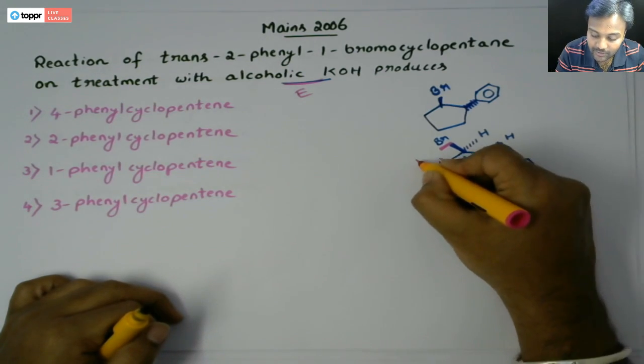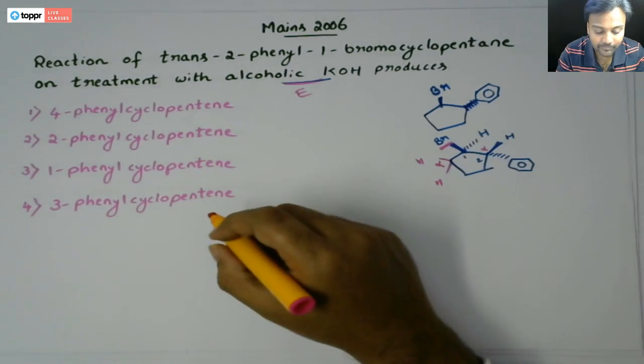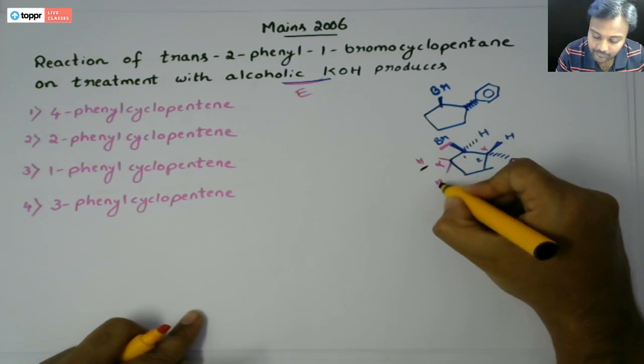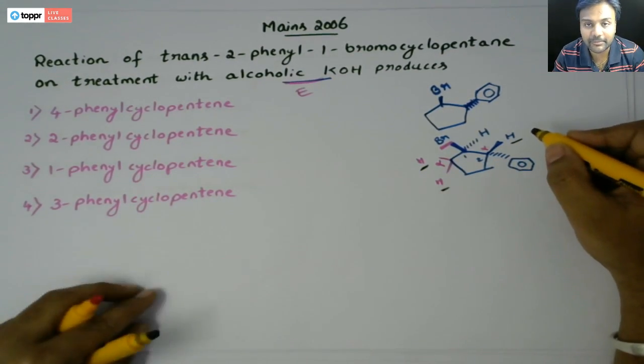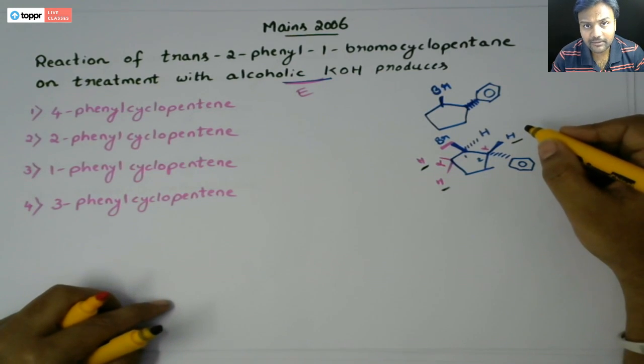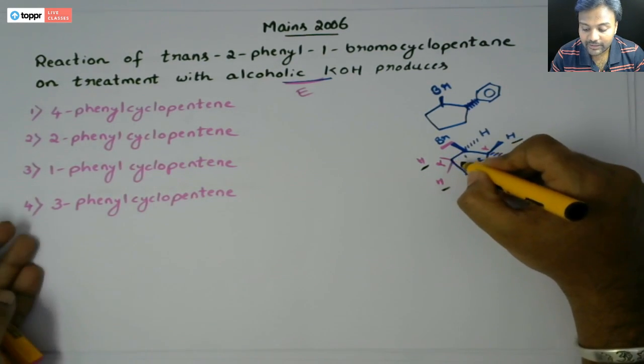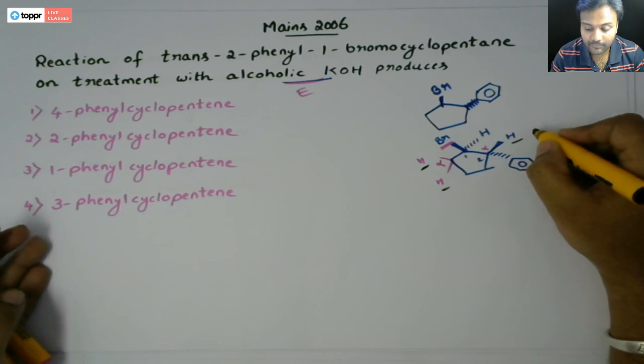Means hydrogen from here, either this hydrogen or this hydrogen can be eliminated. Now which hydrogen can be eliminated? Either on your left side or the right side.